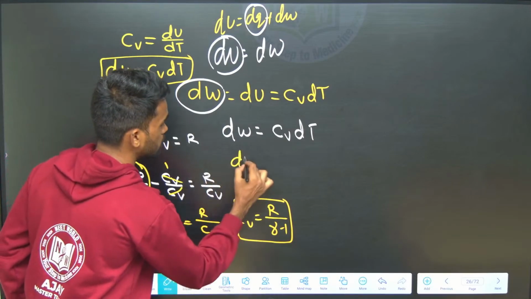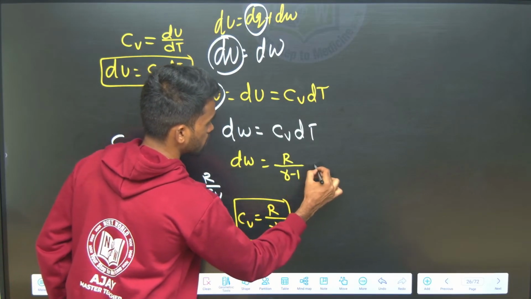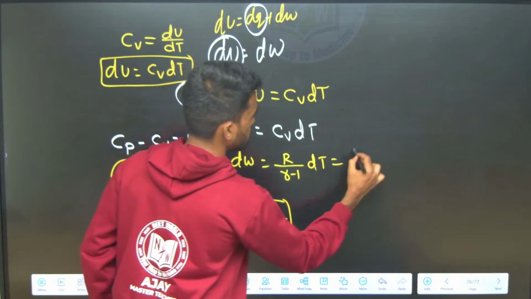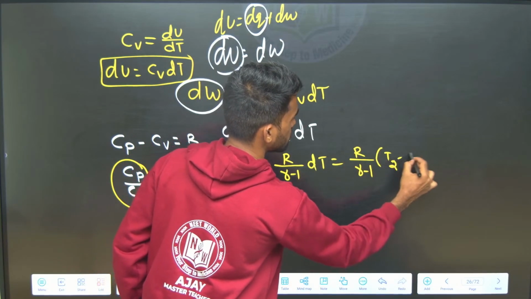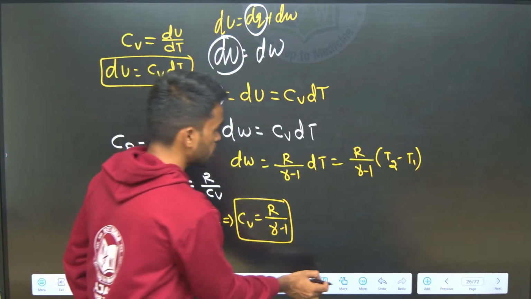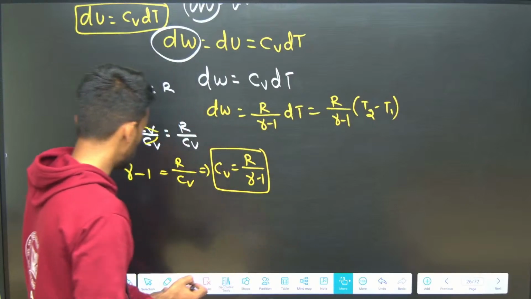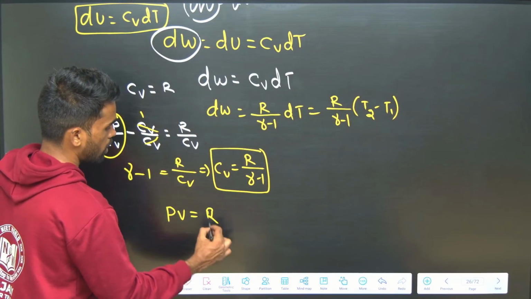So dw equals R by gamma minus 1 dT. This is nothing but R by gamma minus 1 times T2 minus T1. We can write like this. Now in the place of RT, PV equals RT, I can write.